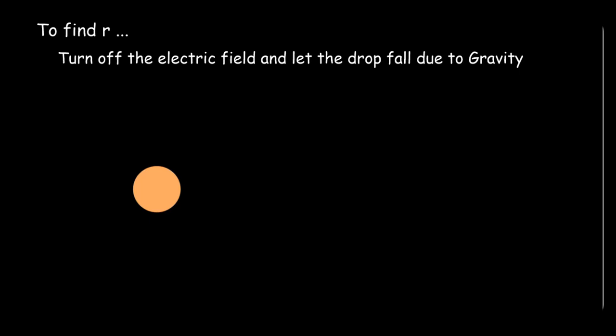In order to find out the radius of the drop, we just let the drop fall due to gravity. There will be a gravitational force downwards, of course, and there will be a resistive drag force which becomes larger with speed. So this is one of these situations where it's going to reach a terminal velocity, and it'll reach that terminal velocity very quickly. We're following our one drop, the drop that we started with.